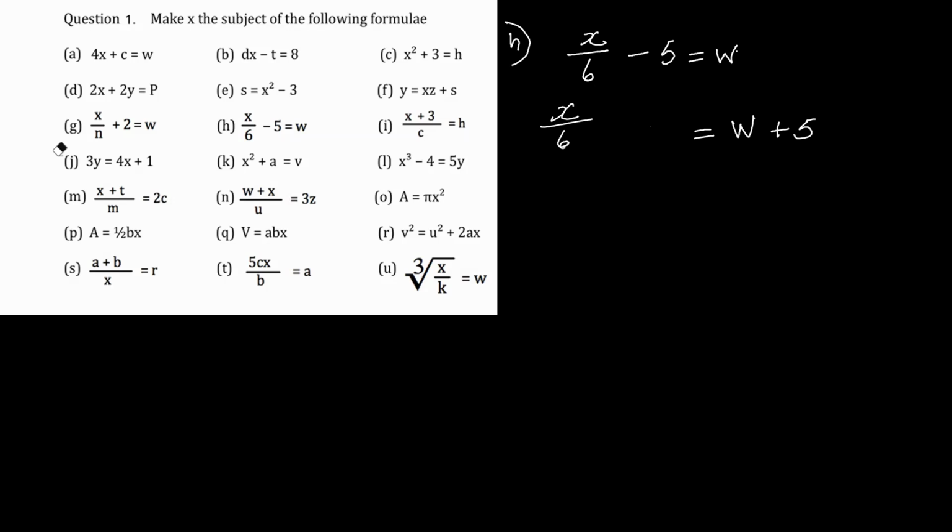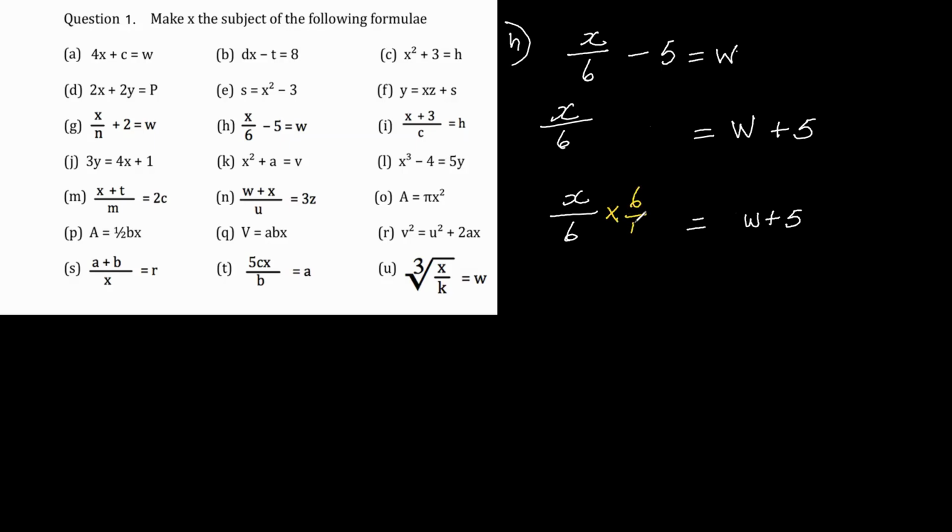Now, at this point is where some people, Josiah did not show me his work properly. So Josiah, watch carefully. At this point, to get rid of this 6, because I want to make x the subject of the formula, I have to multiply by 6.